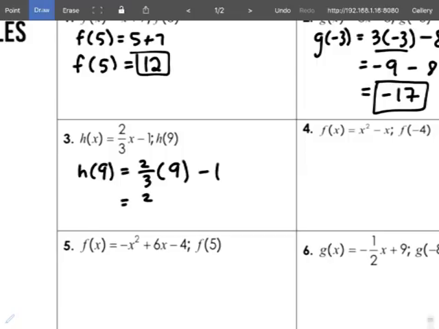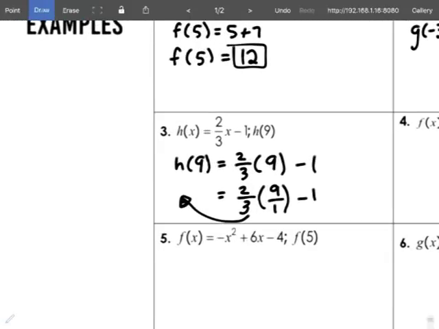Okay, how do I multiply fractions? Always put the number over 1 if it's not a fraction. Okay, so this equals, I'm going to move this over here because I don't really have room. So this is 2/3 times 9 over 1. We can either multiply across, or we can cross cancel here.